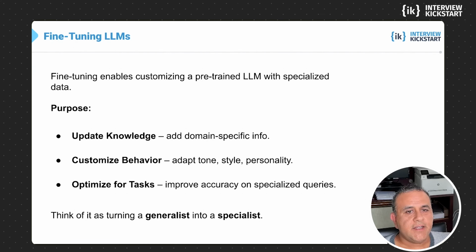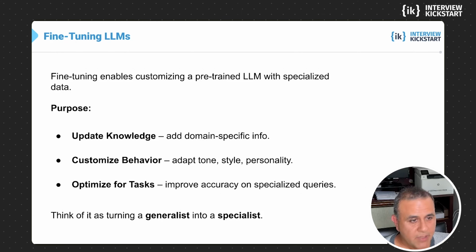So we'll take a look at what the 2 approaches are. Fine-tuning is a way to adapt an existing LLM without retraining it from scratch. The purpose of fine-tuning is to add domain-specific knowledge or data into the model. For example, a lot of industries have very specialized terminology or jargon.